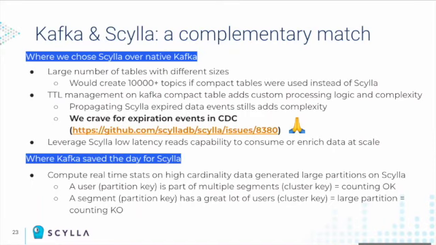TTL management: on Kafka, compacted topics add custom processing logic and complexity, and propagating Scylla expired data also adds complexity. So of course, we created a request for an expiration event in CDC, which is an open issue, and we're really waiting for it. Leverage Scylla's low latency and capability to consume and enrich data at scale.